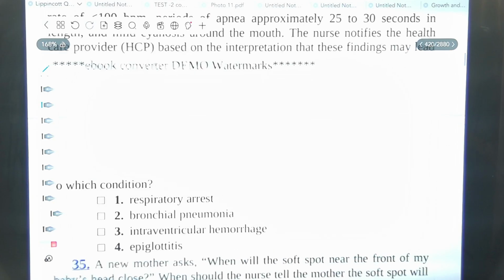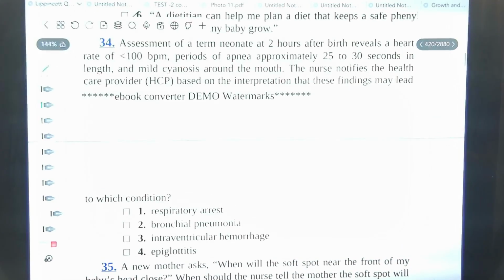So choose the right one. All these findings are associated with respiratory arrest. So this is a very serious condition. So the first one will be the right response.